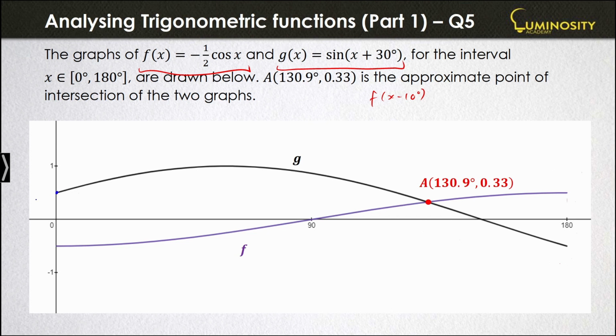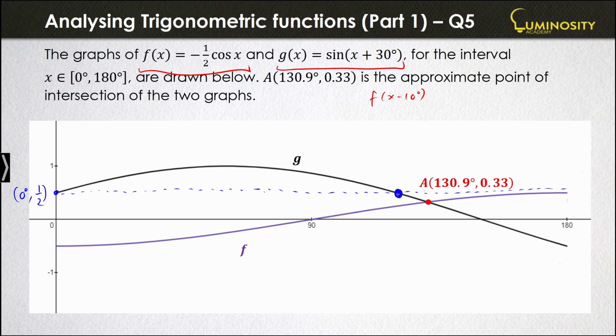What happens at this coordinate here, 0 degrees, when I plug it into g? Well, it's going to be 0 degrees plus 30, which is 30 degrees, and sine of 30 degrees is a half. So I already know here's a half, y equals a half. So if I just extend this line out a bit, yeah, okay, a half is greater than a third, it's 0.5, that makes sense.